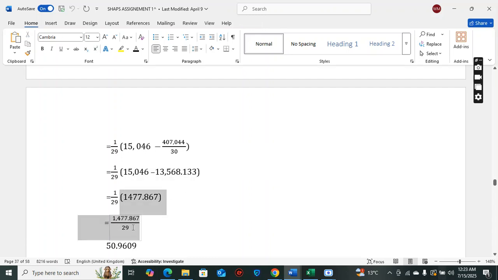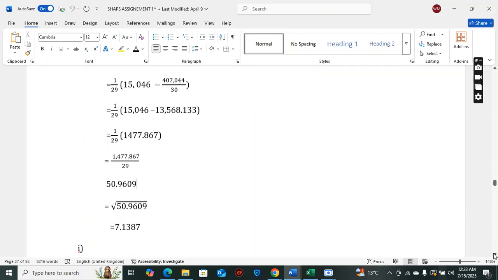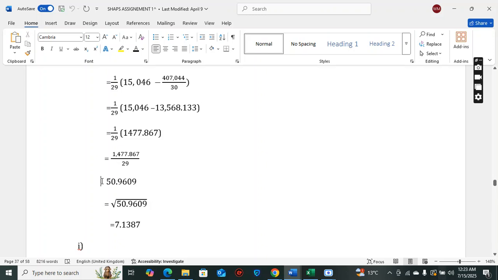You divide by 29. You get your variance. This is the variance, 50.96. For the standard deviation, you get the square root. Square root of 50.96 is 7.1387. Any questions?